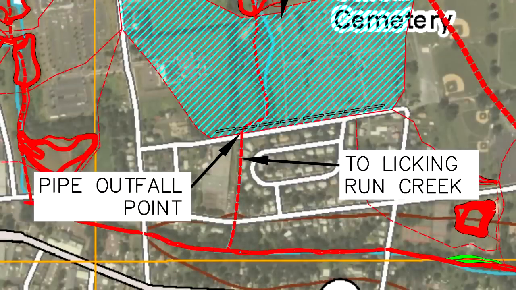You get a lot of treatment of stormwater runoff because it's flowing through so many bioswales before it reaches the outfall point. So this is a very effective way of providing water quality treatment for surface stormwater runoff.